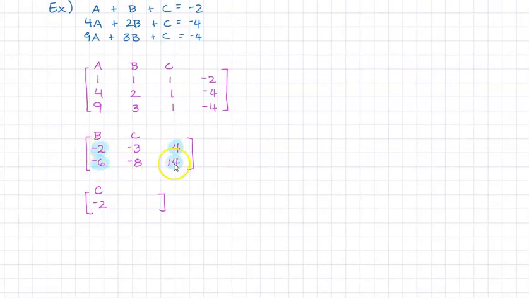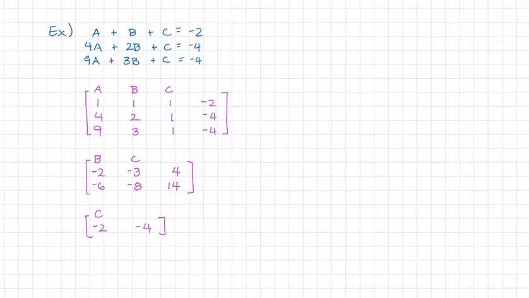So negative 28 plus 24, that's going to be negative 4. So now we have what we need to put this together. So once we have this, now remember this last matrix, that really means we have the equation negative 2c equals negative 4, so c is 2.